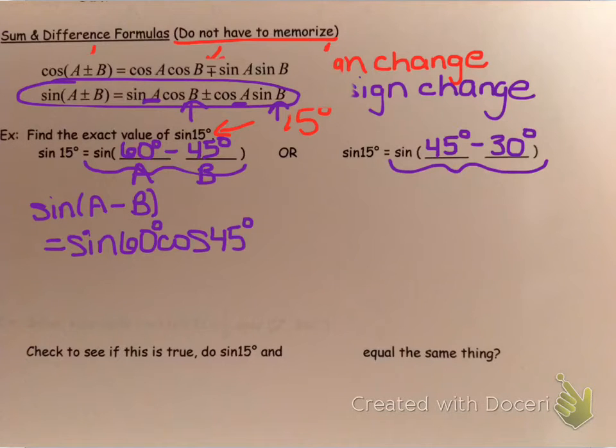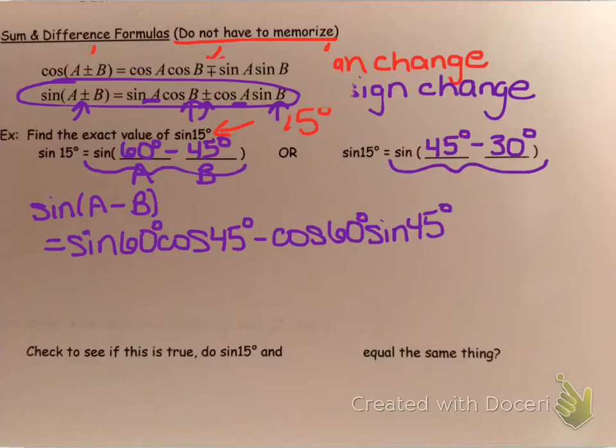The sine identity, I'm using the bottom symbol because I'm subtracting my two angles, so I'm going to subtract the trig values, and then I do cosine of the first angle, which was 60 degrees again, times sine of the second angle, which was 45 degrees. And then I evaluate.